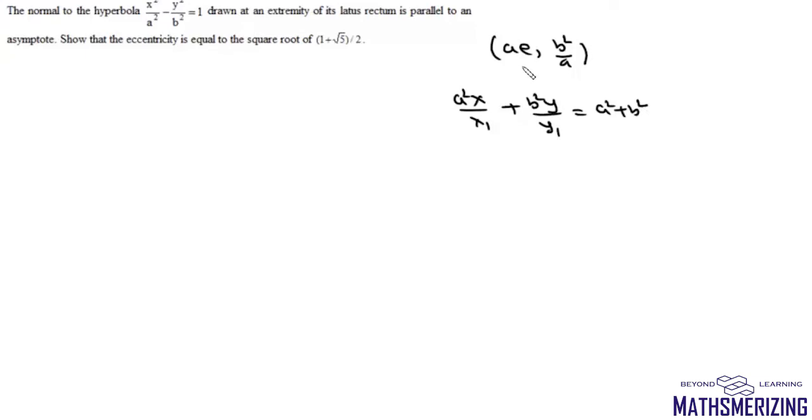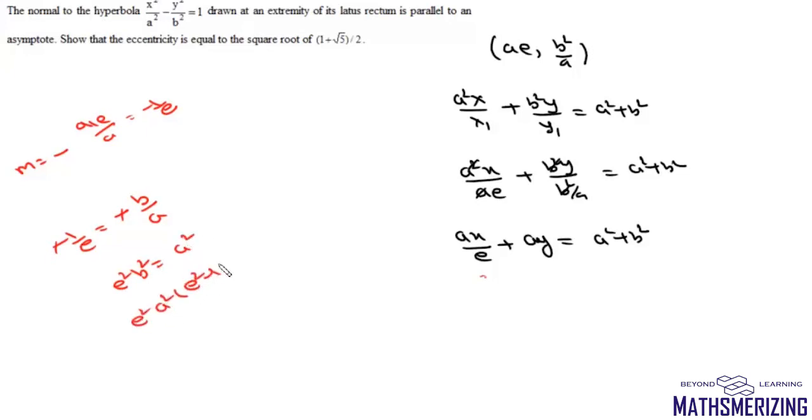In this case, x1 is ae and y1 is b square upon a. So it will be a square x upon ae plus b square y upon b square by a, and it is equal to a square plus b square. B square will cancel, a will also cancel. So we'll get this as ax upon e plus ay, and it is equal to a square plus b square.